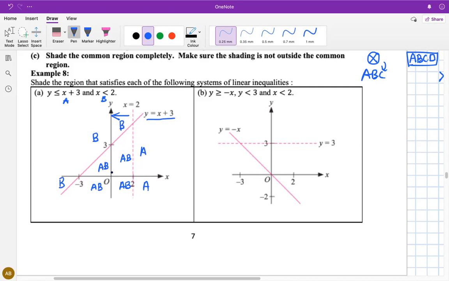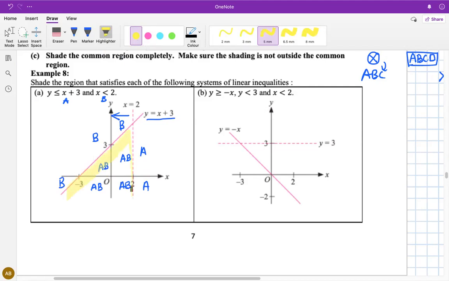To save our time, we only write the second alphabet on the regions that already have the first alphabet, the regions that satisfy the first inequality. Okay, so the answer will be this area.